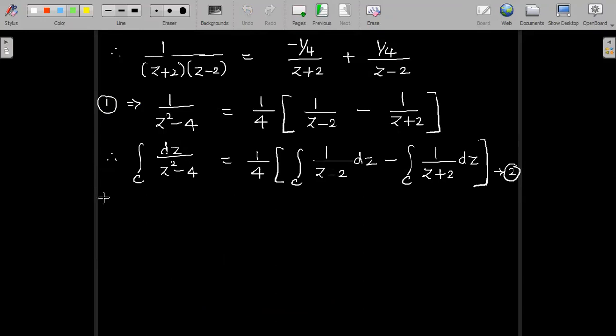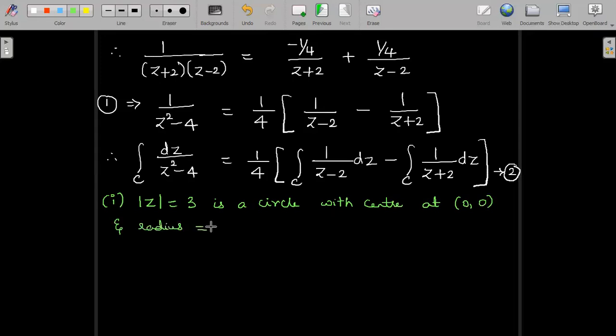So this represents a circle with center at the origin, 0, 0, and radius equal to 3. This is the given curve C for us in case 1.